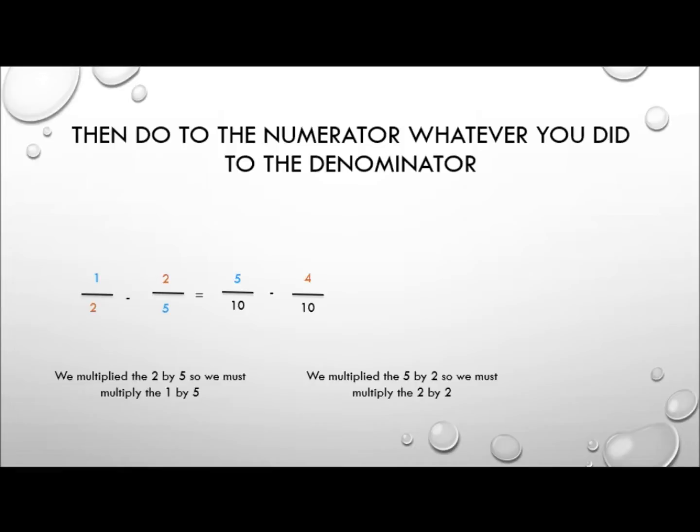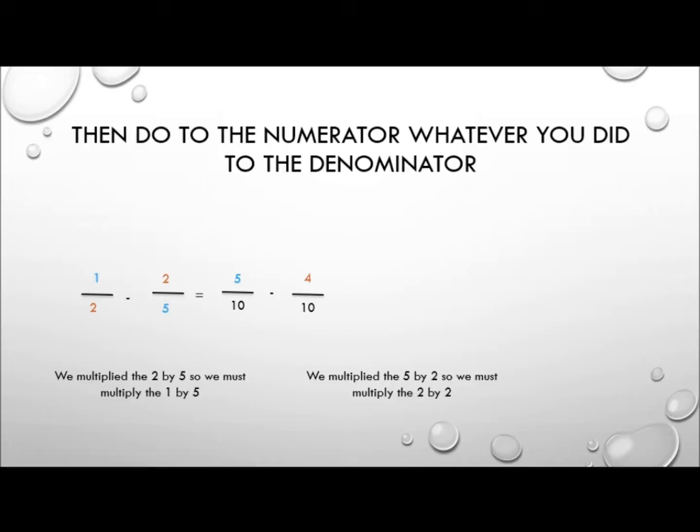It's a different number. So with the half, what we did to the 2 was multiply it by 5 to make 10. So what we have to do then is take that 1 and multiply that by 5, so we end up with 1/2 being the same thing as 5/10.